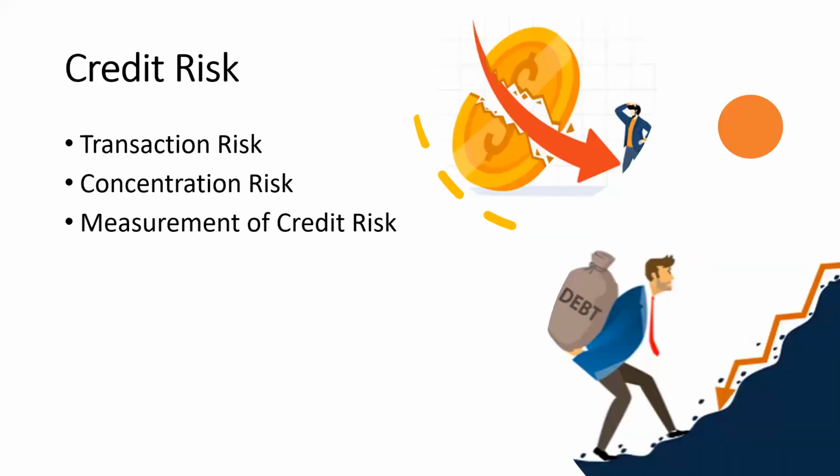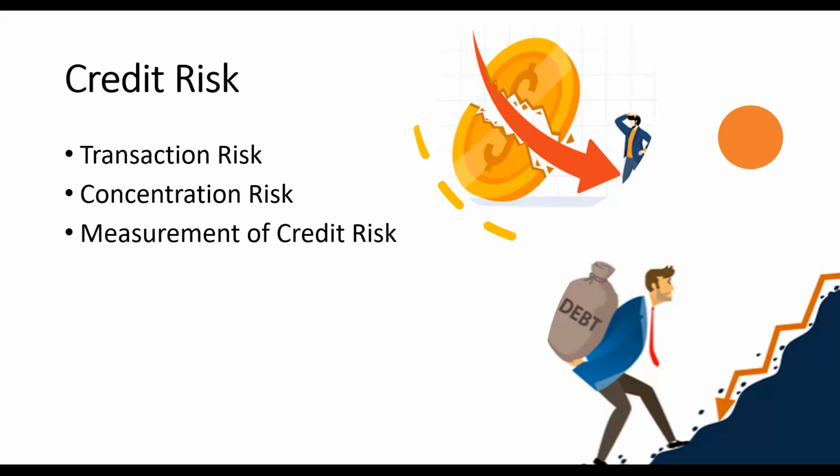So when we are further discussing credit risk, even credit risk can be classified into three types: transaction risk, concentration risk, and measurement of credit risk. So let us understand more about transaction risk.